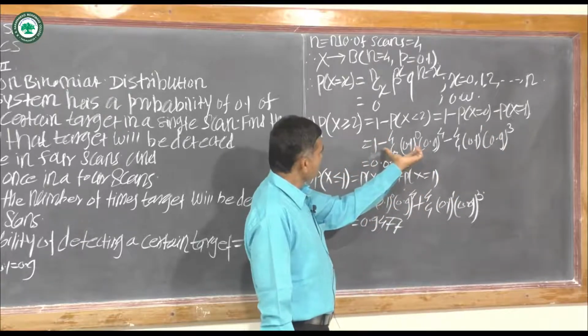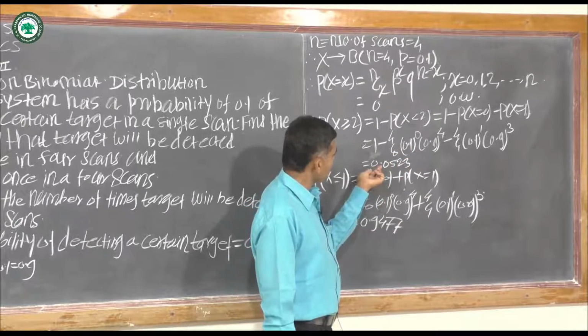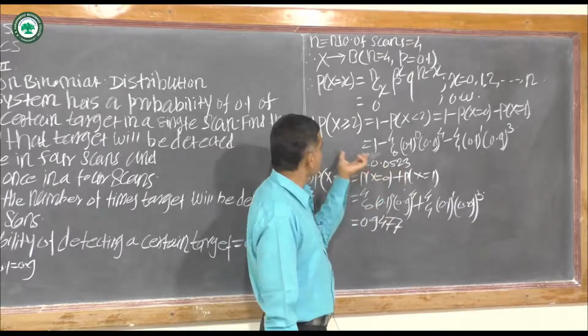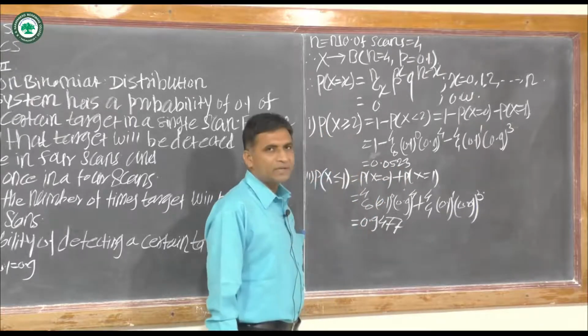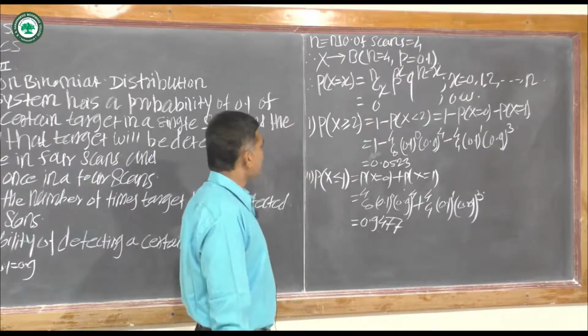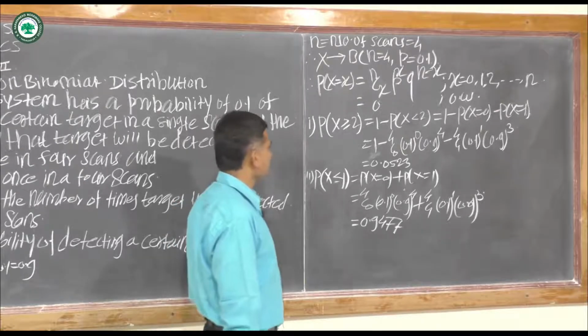After solving this, the required probability is 0.0523. This is the probability of x greater than or equal to 2, that is probability of detecting a target at least twice in 4 scans.